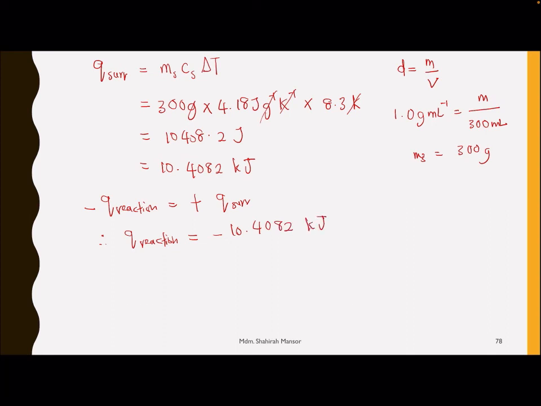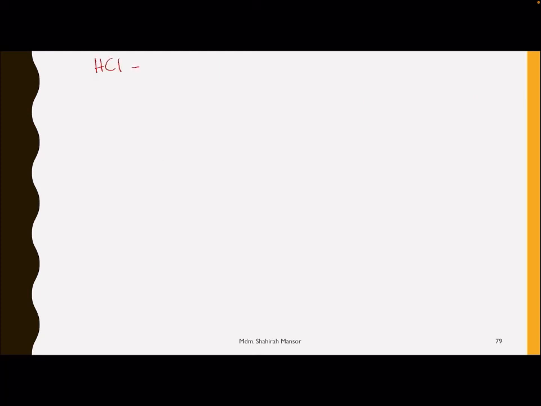In order to find the enthalpy of neutralization, according to the definition, enthalpy of neutralization is the heat released when 1 mole of water is formed from the neutralization of acid and base. So this 1 mole must be put on the water, which is on the product side. So this is 1 mole of water.